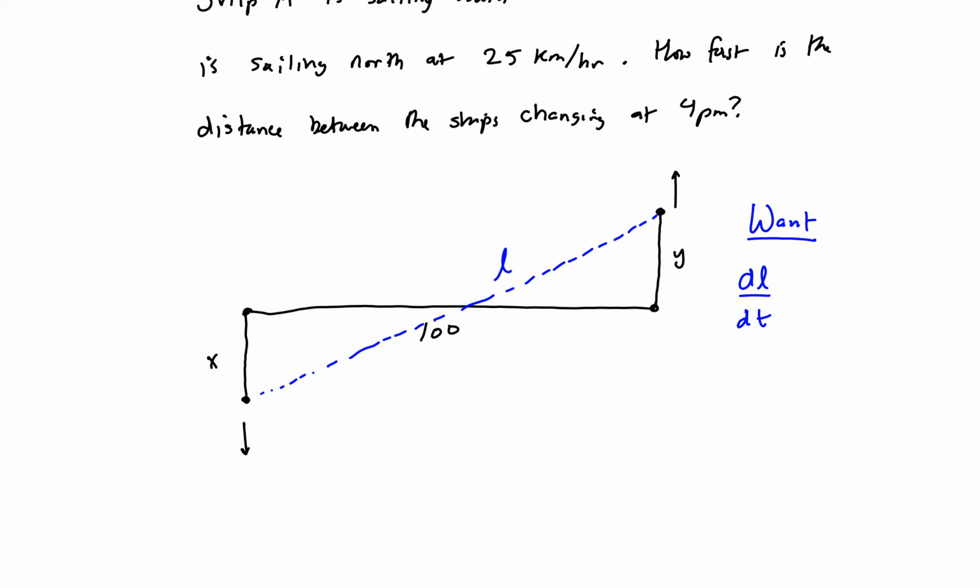And since I want this at 4 p.m., t will be equal to 4 because everything is measured in hours here. And what do we know? Well, we know a few things. We know dx/dt, so the distance x here is increasing at 35 kilometers per hour. dy/dt is increasing 25 kilometers per hour.